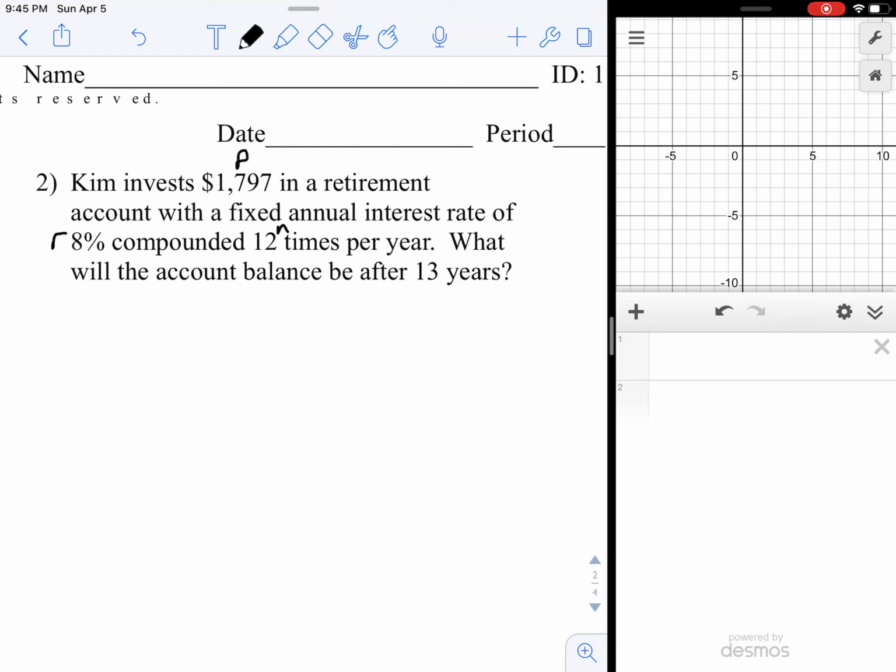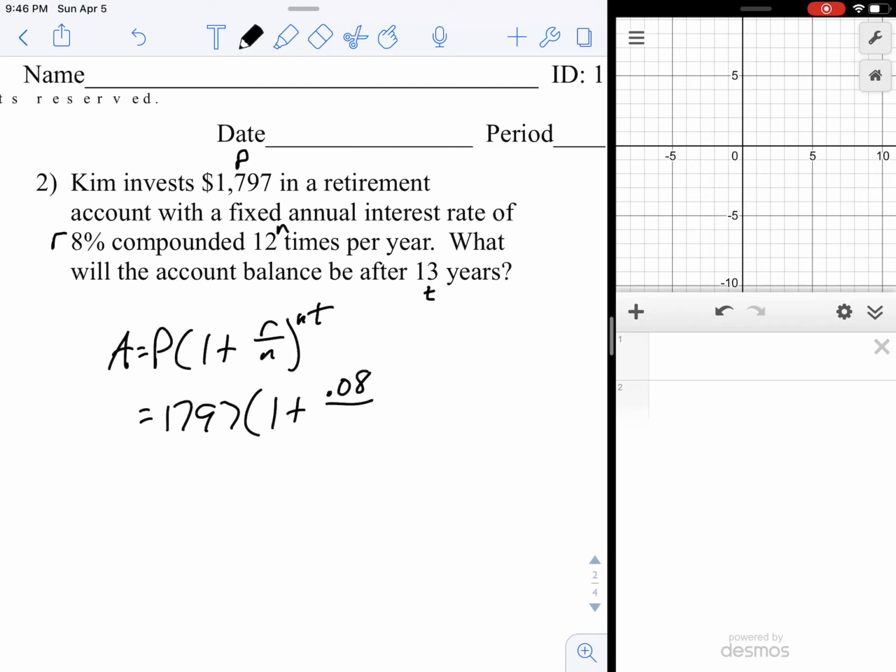That's n. The time is 13 years. So A equals P times 1 plus r over n, to the nt. So that's 1797, 1 plus 0.08 over 12. I hope you're all remembering to change that to a decimal by moving it 2 places. And then the power is 12 times 13.